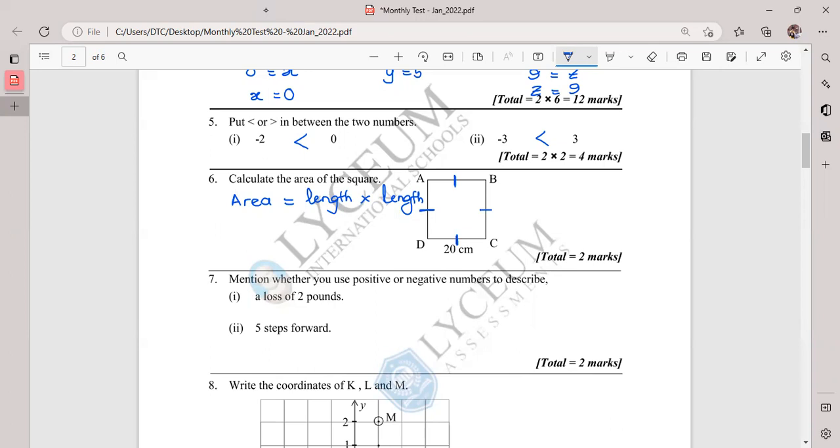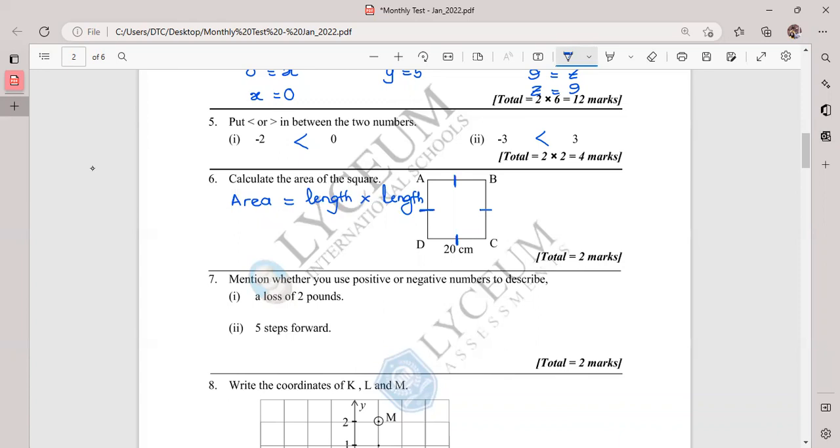Can you remember? Square, rectangle, parallelogram, then trapezium, right? So you know what special features they have. Square, rectangle, parallelogram, trapezium, kite. These special quadrilaterals, you should know the special features of each.